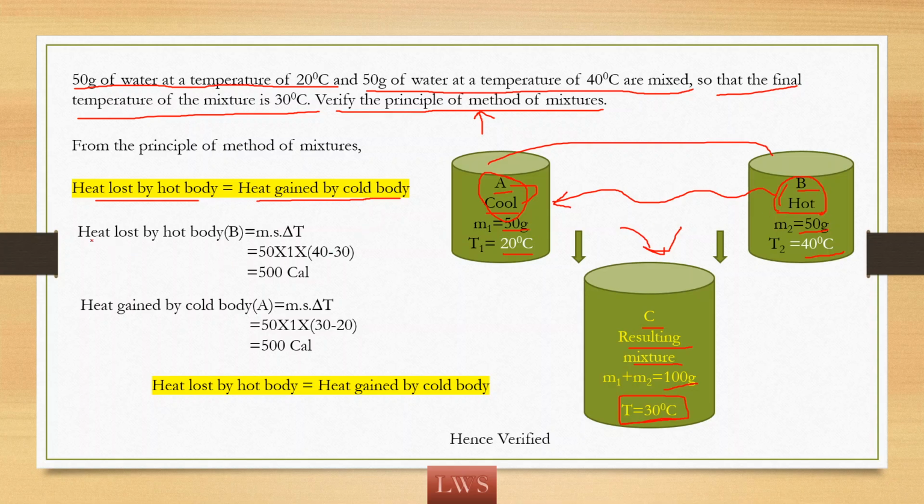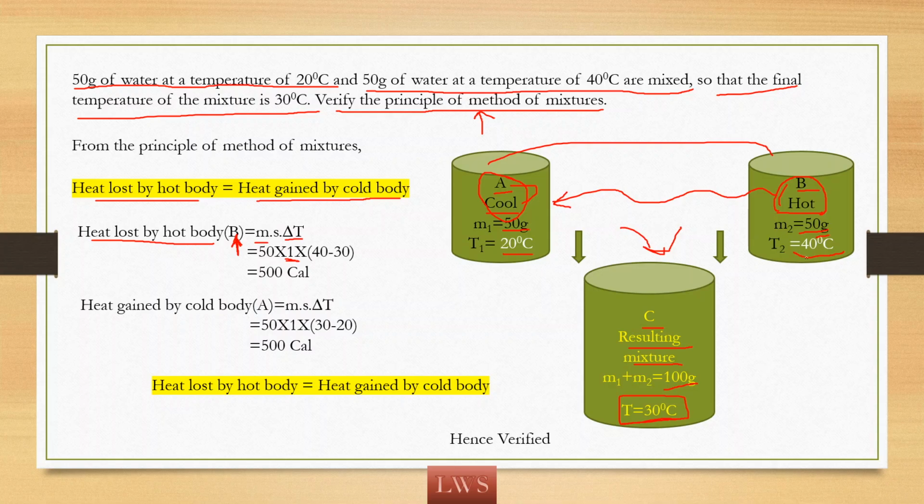So let us calculate the heat lost by the hot body. Here our hot body is B. We know the formula for heat: M s delta T. Here M is the mass of B, that is 50 grams, into s, the specific heat. Here we are taking water. For water the specific heat is 1 calorie per gram degree Celsius. And delta T is the change in temperature.